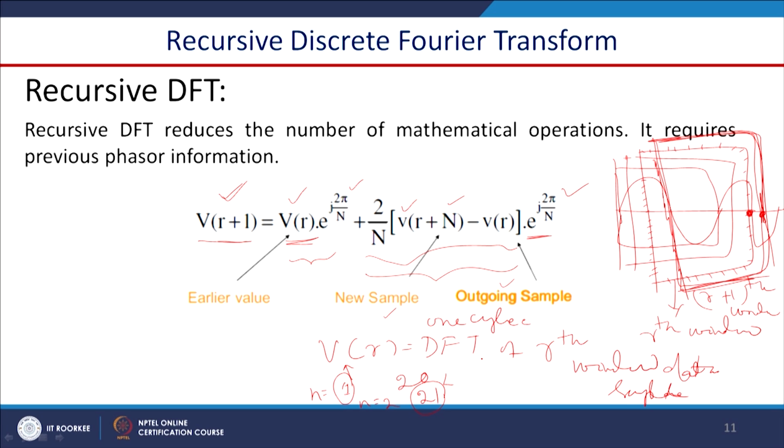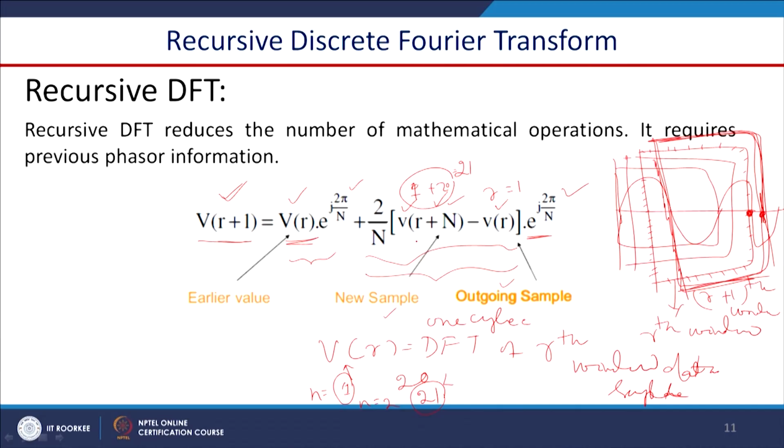That is the meaning of new sample and outgoing sample. The new sample I can write as VR plus n and this is my outgoing sample. So, if r is equal to 1 and n is equal to 20, then 1 plus 20, that is 21, is my new sample and 1 is the old sample. The old sample is discarded and the new sample enters the window.